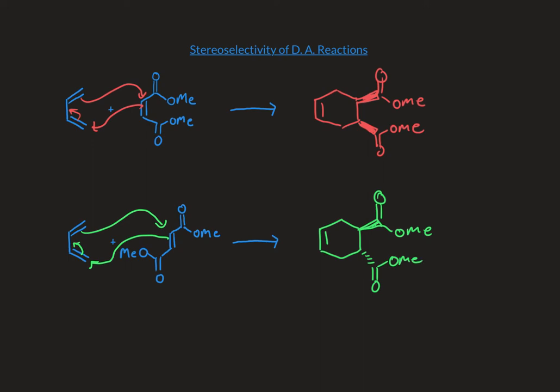And so a cis alkene forms a cis ring product, and a trans alkene forms a trans cyclohexene.